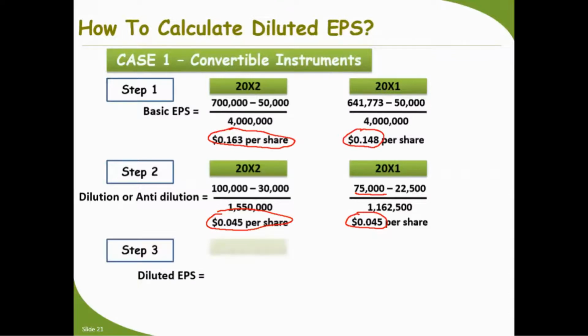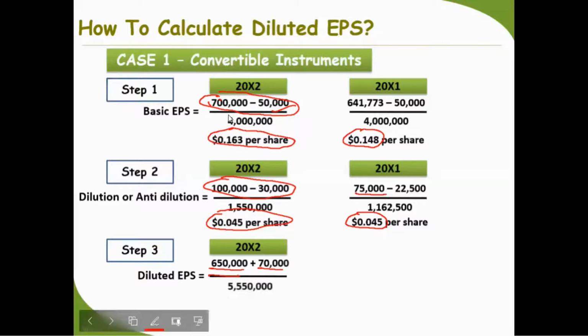Now to calculate diluted EPS, what we do, the result of this, 650,000, profit attributable to ordinary shareholder, then your notional profit divided by your weighted average number of shares, which is preceding 4 million, and now this 1.55 million.